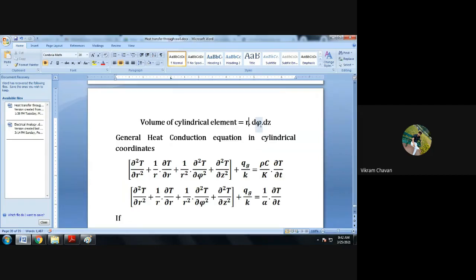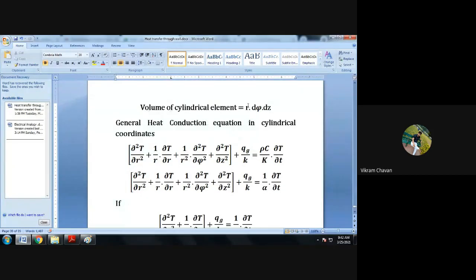Phi is the angle made by the line joining the center and that particular point with the x-axis, and z is the height, or the distance from the base surface. So the volume of a cylindrical element will be given as R multiplied by d phi multiplied by dz.